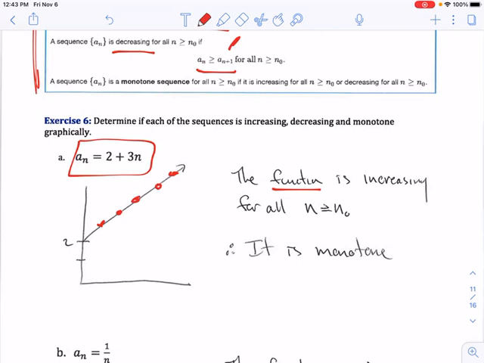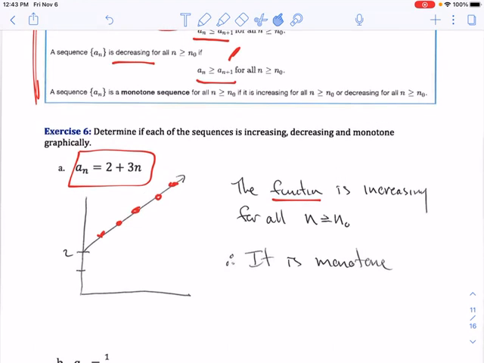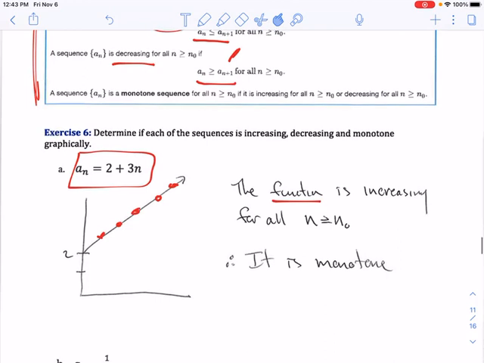So that means that every term in the sequence is greater than the one before it. In other words, the function is basically increasing. As we go from left to right on the x-axis, the function is increasing everywhere.